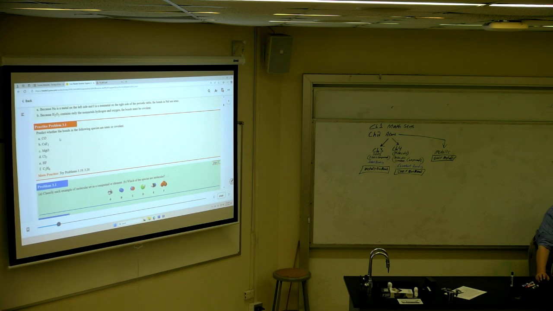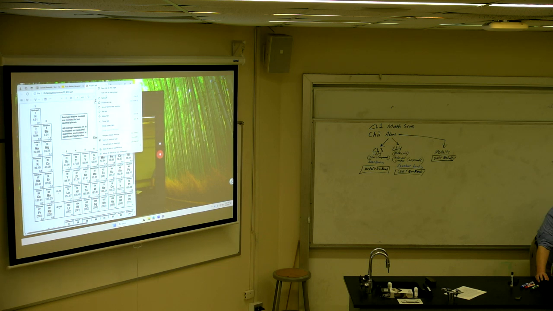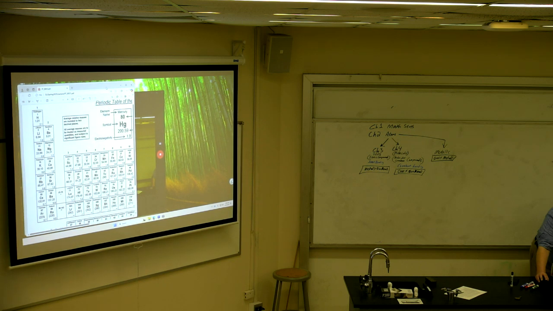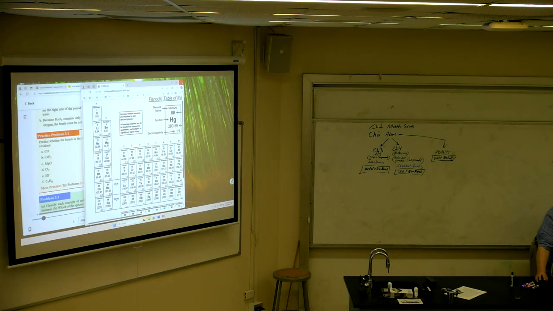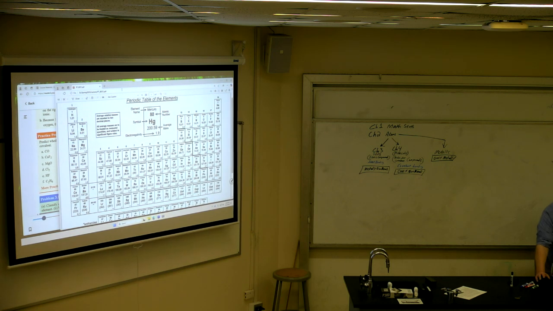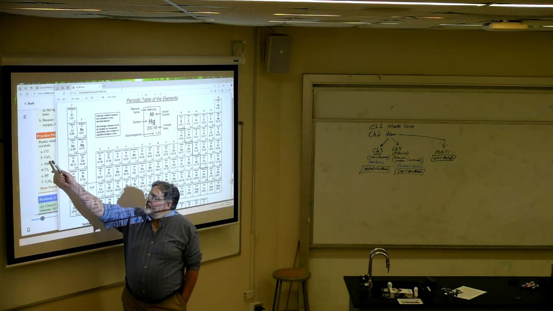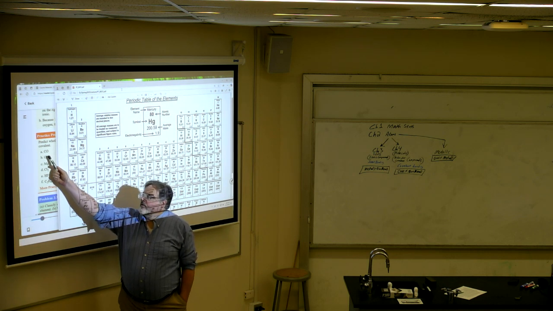But if you just wanted to look at something and predict whether these are ionic or covalent compounds, all you're looking at here, if you want to decide whether these are ionic or covalent: carbon and oxygen, those are both nonmetals.